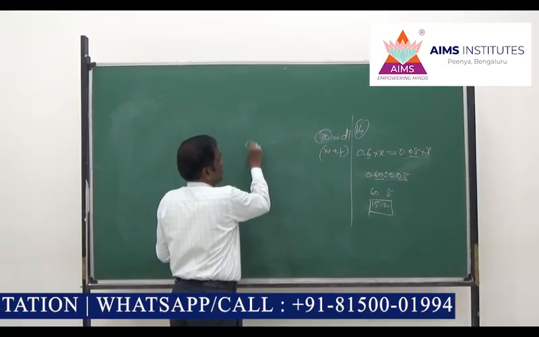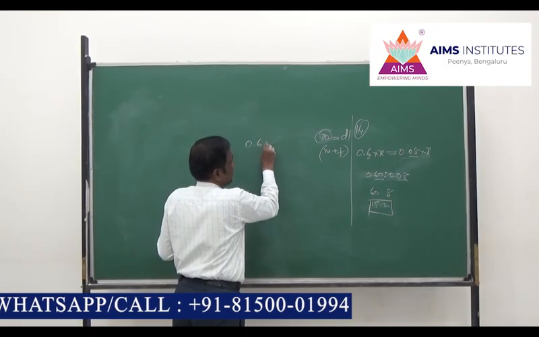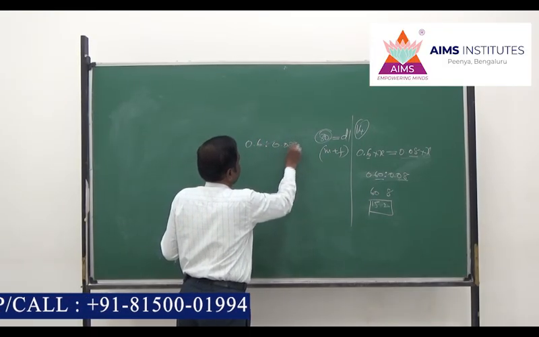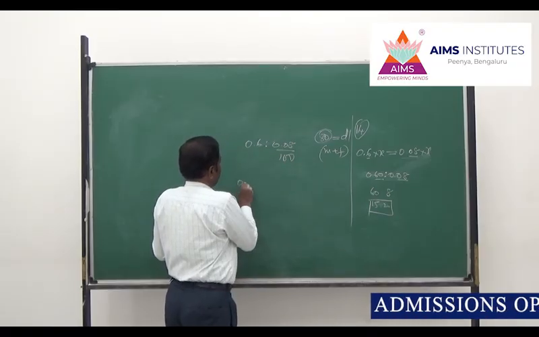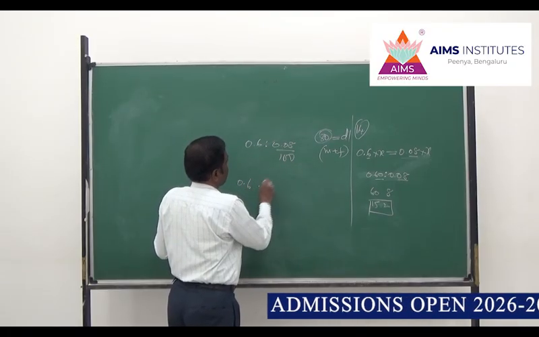If you take 0.6 and 0.08%, you can write it like this. Then what will happen here?